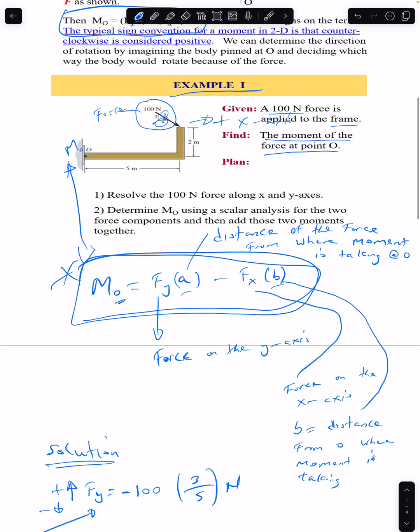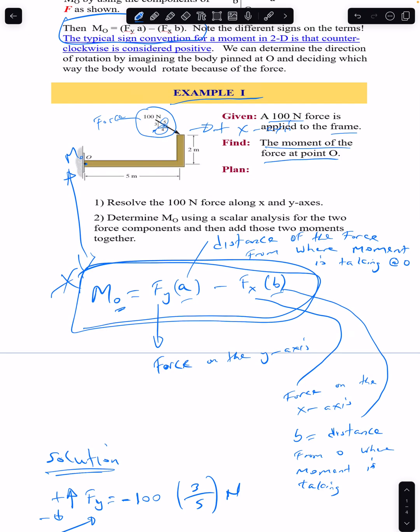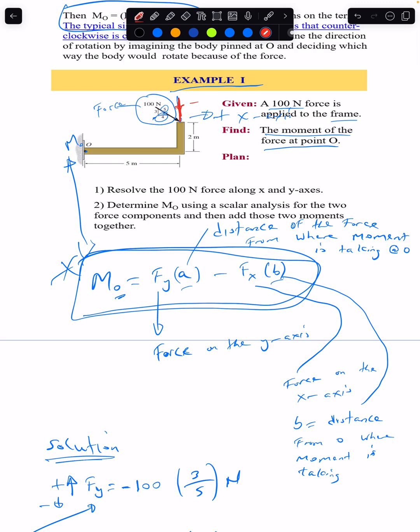So this is the force. Remember, we had to resolve the force to make it perpendicular. So that force is actually negative 100 times 3 over 5.